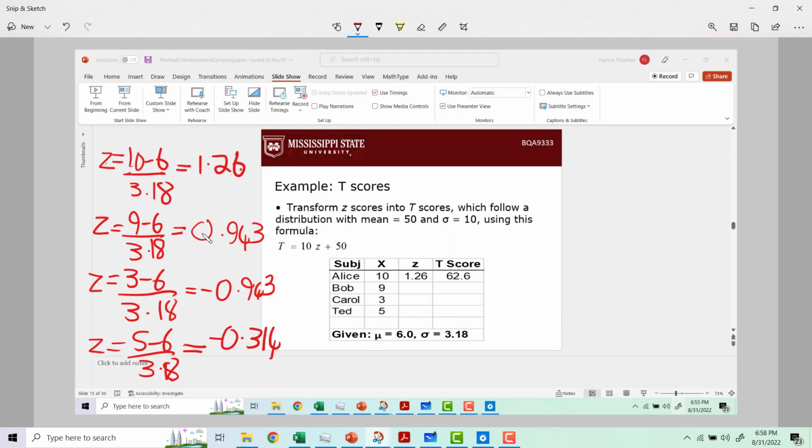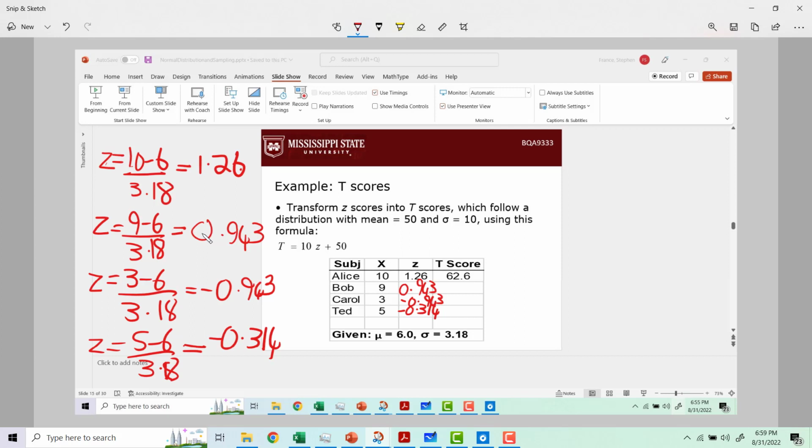So here we have 0.943, minus 0.943, and minus 0.314.